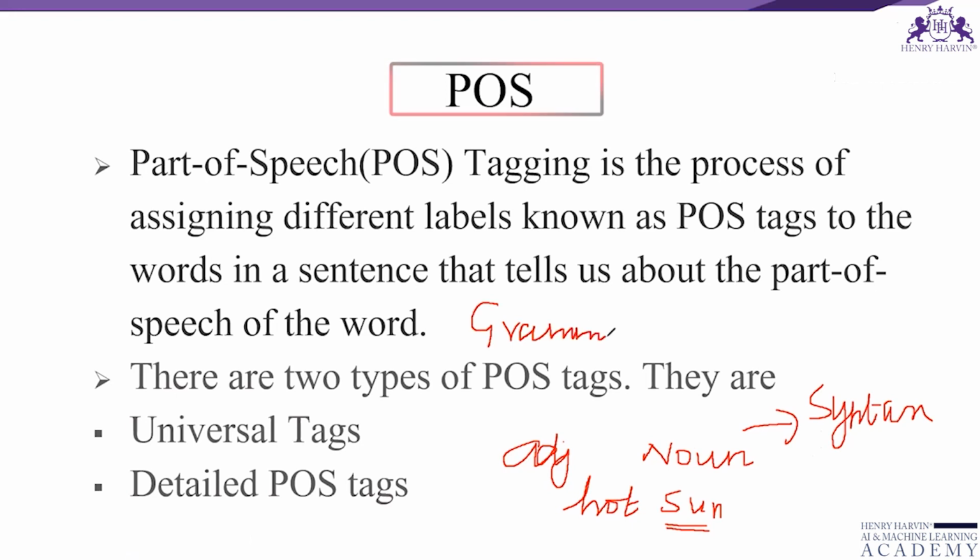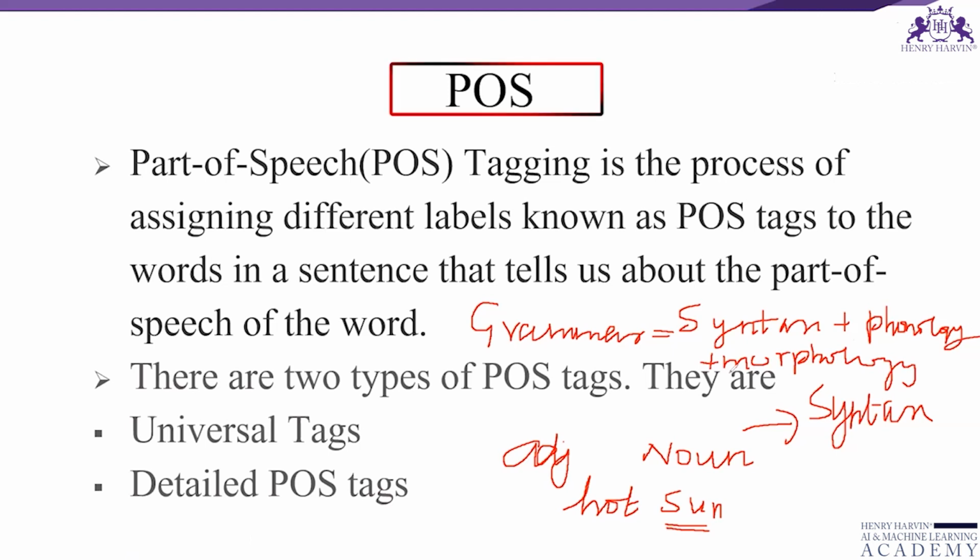Grammar is equal to syntax plus phonology plus morphology. These contain all the types of important rules of a written language.